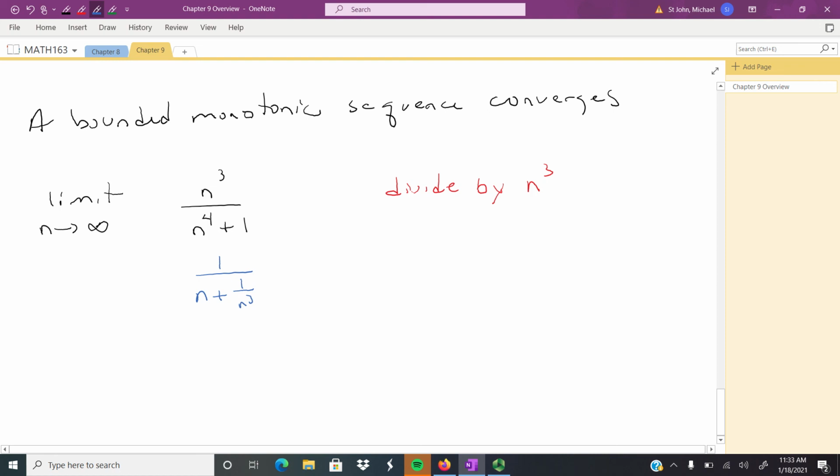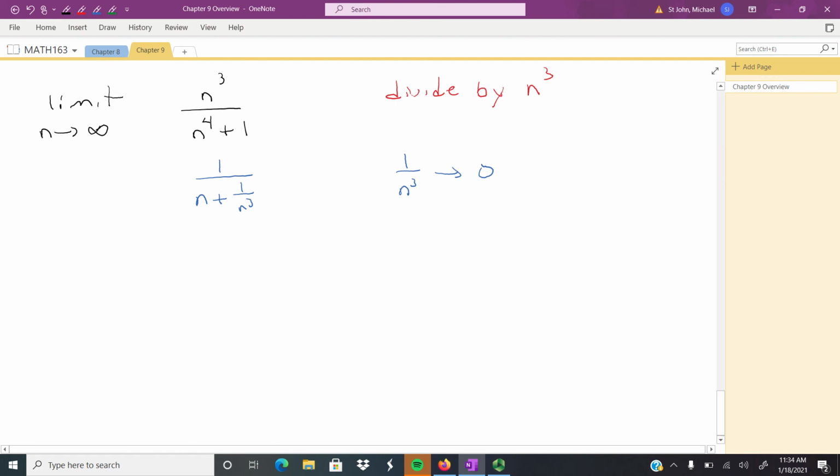And of course then 1 over n cubed is going to 0. And so this will just be 1 over n, but n is going towards infinity, and so we end up with an answer of 0.